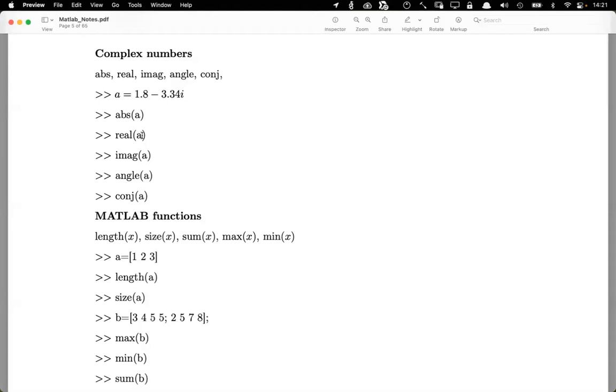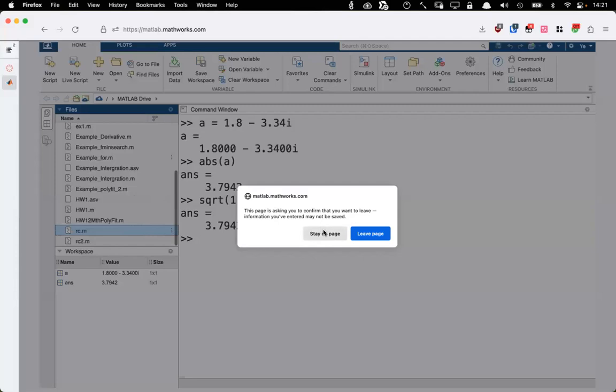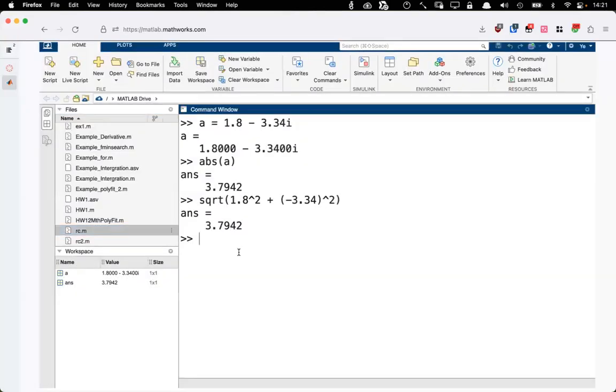Next one, real. This gets the real part. imag gets the imaginary part. So real A gives 1.8, and imag A, the imaginary part, gives minus 3.34.